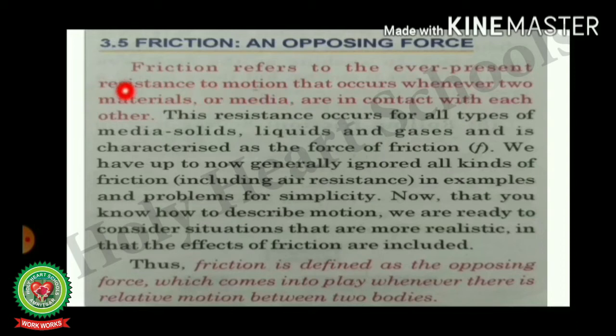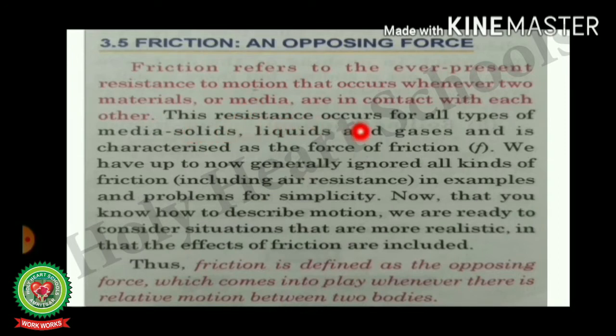What is resistance? Resistance is hindrance to the motion that occurs whenever two materials or media are in contact with each other. So, friction is a contact force which acts in opposite direction to the motion of an object.